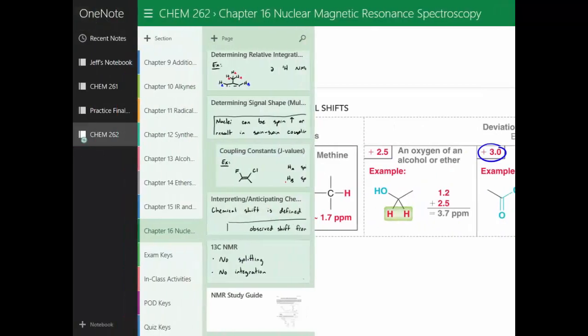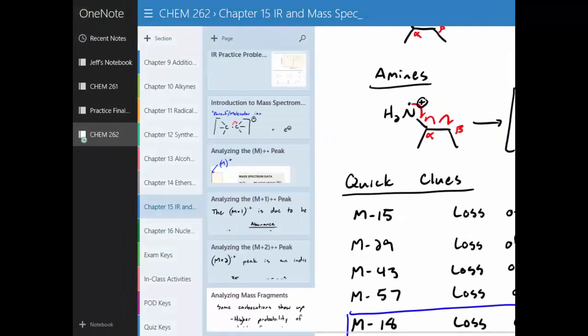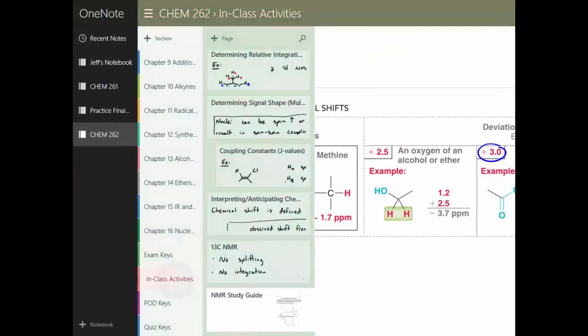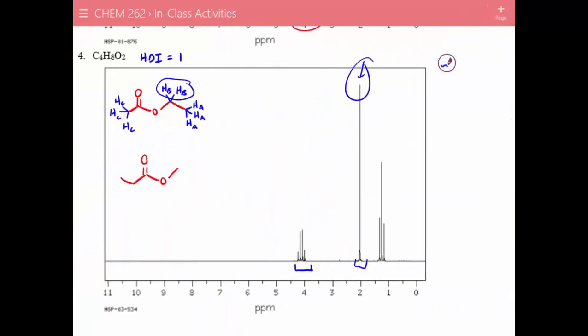So that quartet should show up somewhere around 4.2. And exactly, it's right over here. So we know that this is probably going to be HB. This singlet over here could be HC. And this one would be HA.